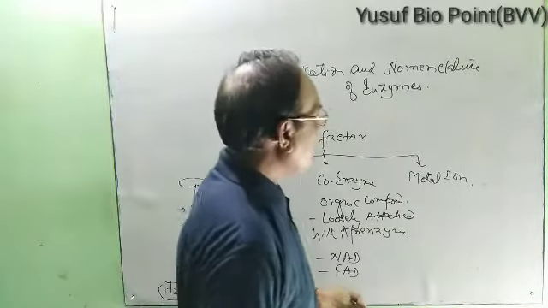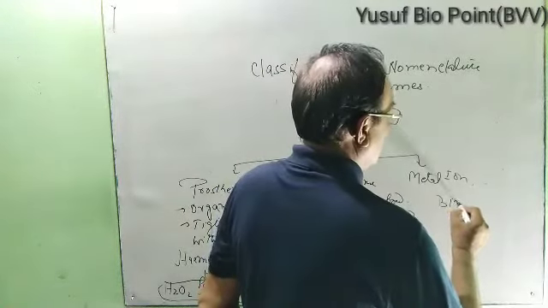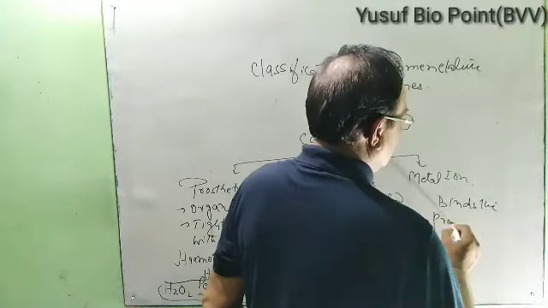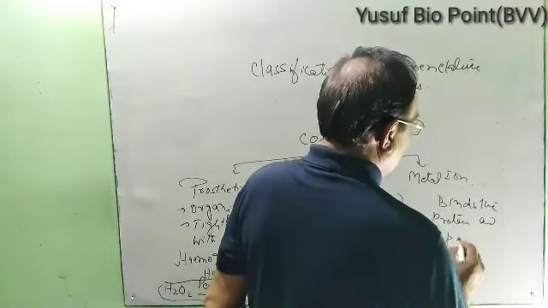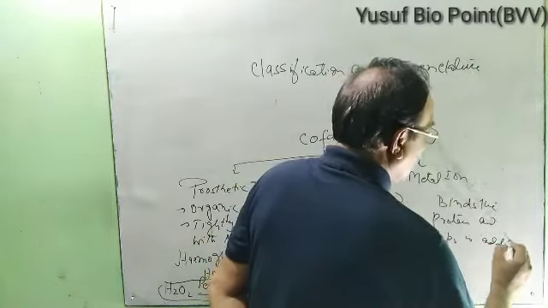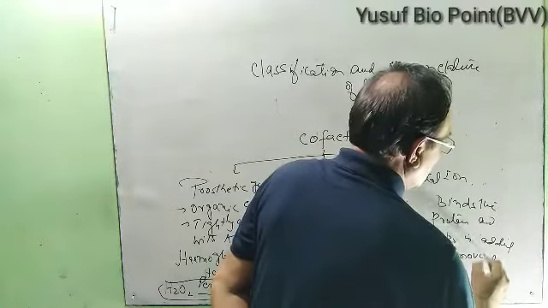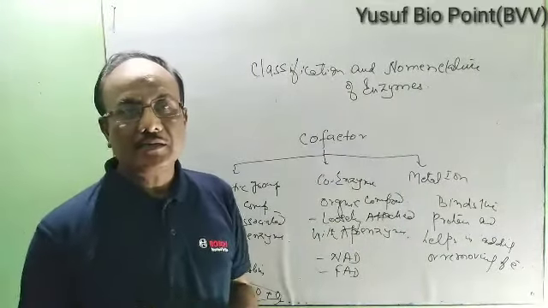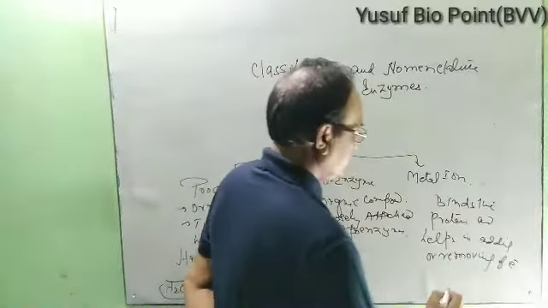Now the metal ions. Metallic ions bind the protein and help in adding or removing of electrons. It is the example.